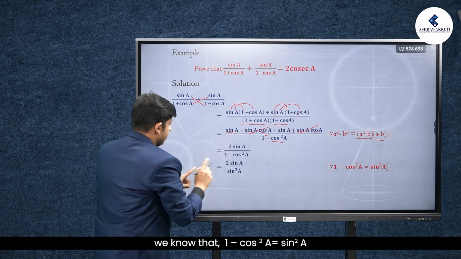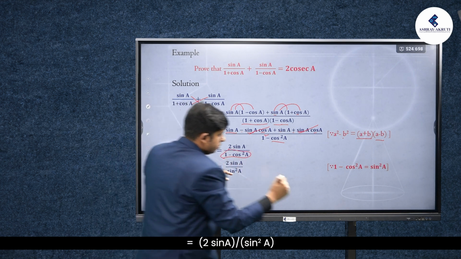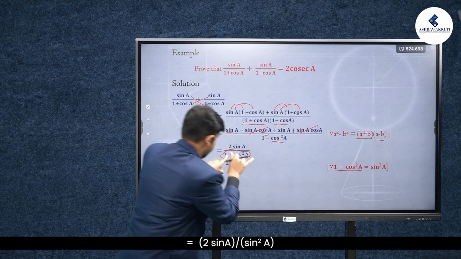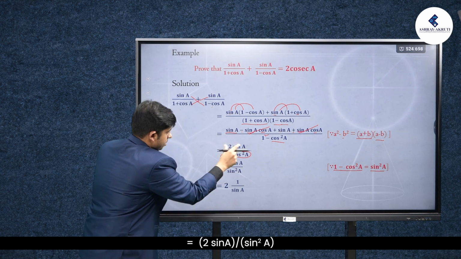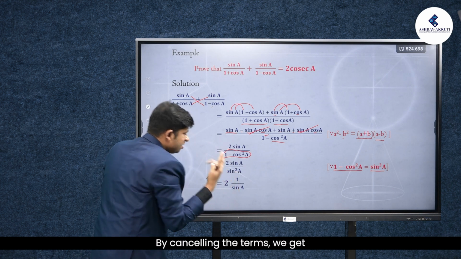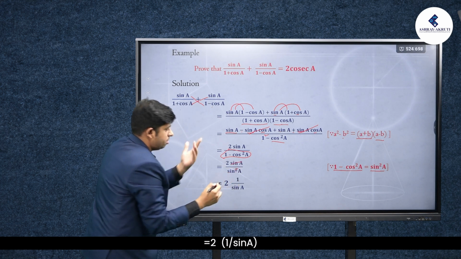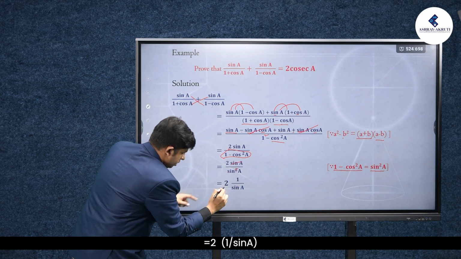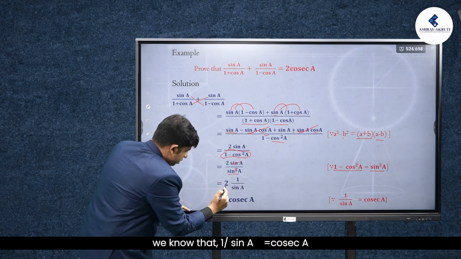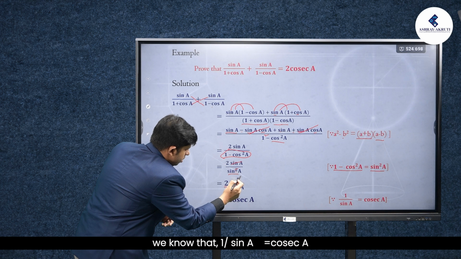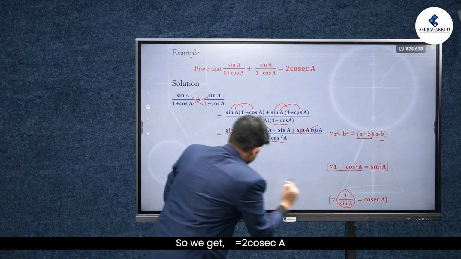We know that 1 minus cos square A is equal to sin square A. By that, we get 2 sin A by sin square A. By cancelling the terms, we get 2 into 1 by sin A. We know that 1 by sin A is equal to cosecant A. So, we get 2 cosecant A.